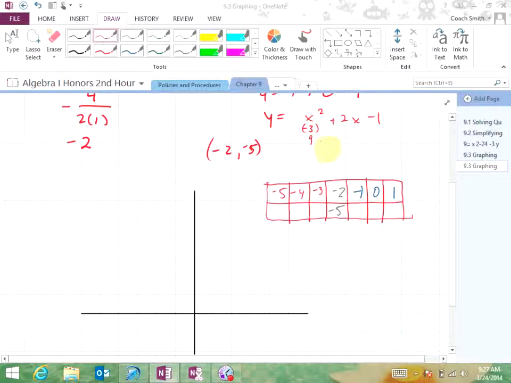That's going to give you 9 plus negative 6 minus 1, which is 2. Then it's 16 plus negative 8 minus 1. Is that correct? Yeah. What is that? 7? Then you have 25 plus negative 10 minus 1. What? 14?